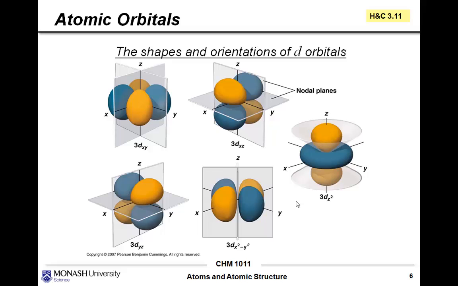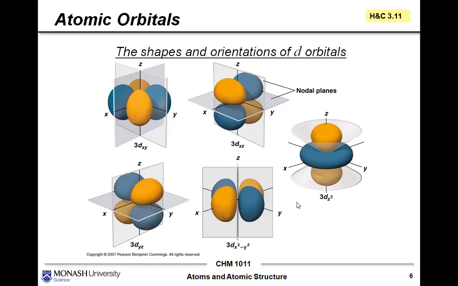The 3dx squared minus y squared orbital is slightly different to the first 3 in that the x-axis and the y-axis go symmetrically through the lobes. Finally, the 3dz squared orbital has a more odd shape. I think of it as a dumbbell with a donut going around it, and the dumbbell is aligned along the z-axis while the donut is in the xy plane.